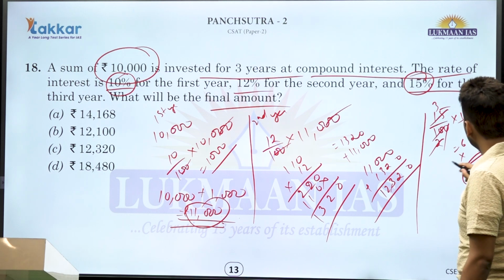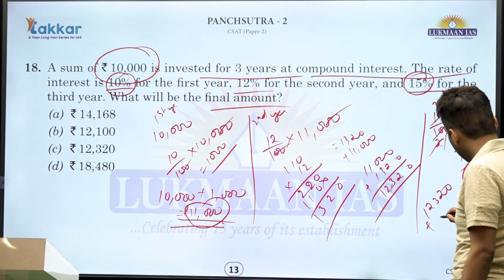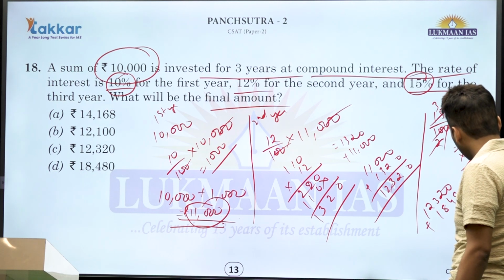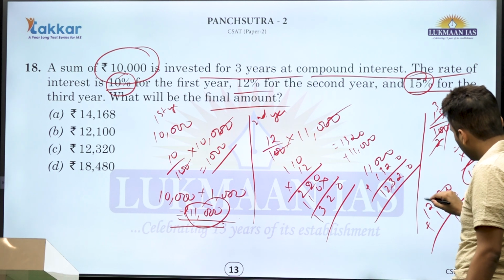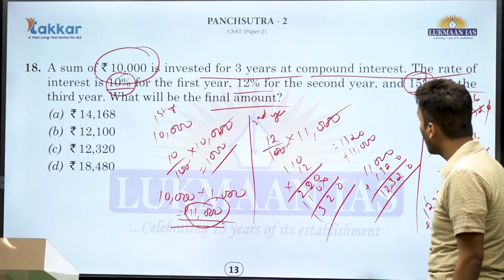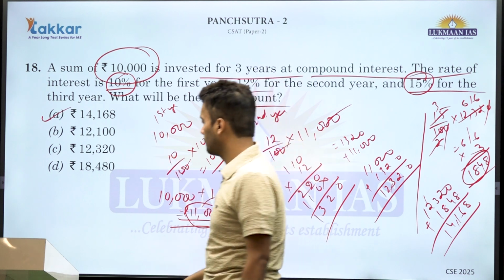So we will add this to 12,320: 12,320 plus 1,848 is 14,168. Do we have 14,168? Yes, it's there in the options. So A is the right answer.